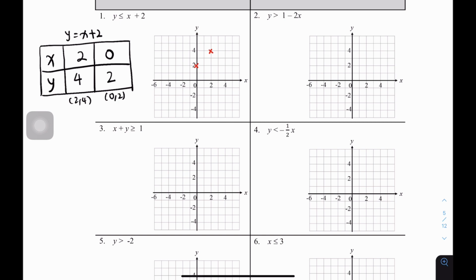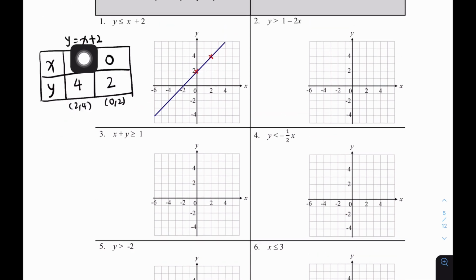So from here, this is the straight line y equals x plus 2. Di sini saya lukis solid line because there is an equal sign over here.